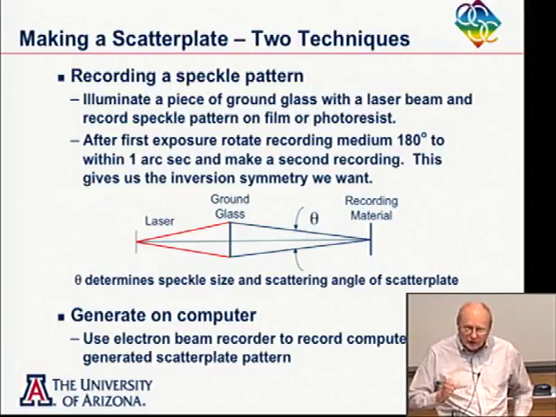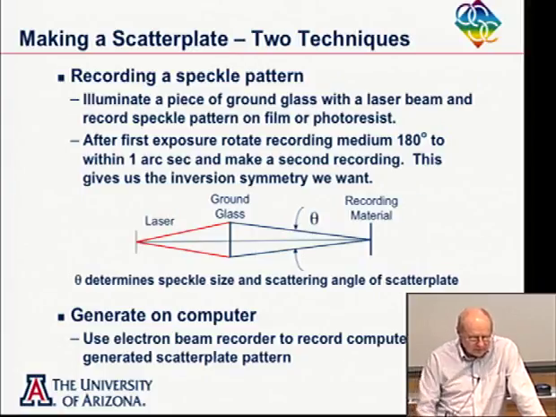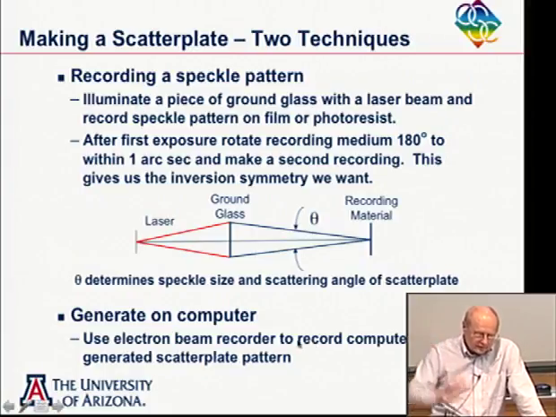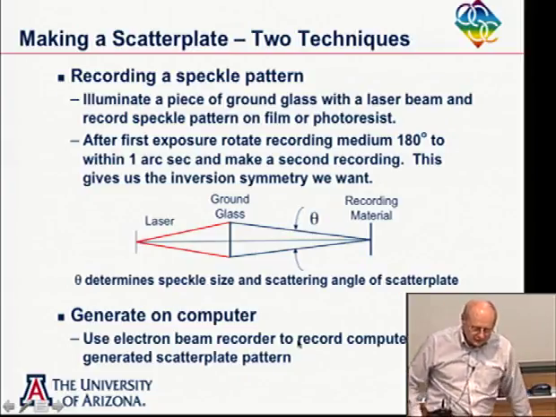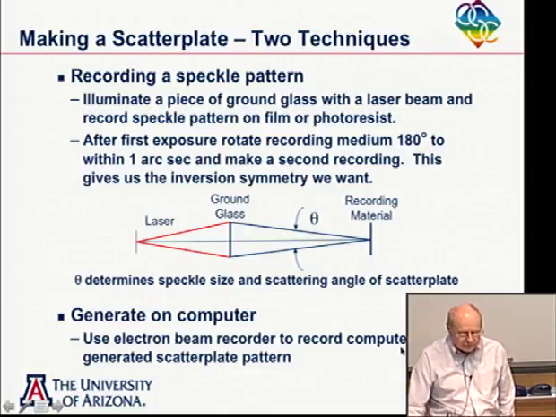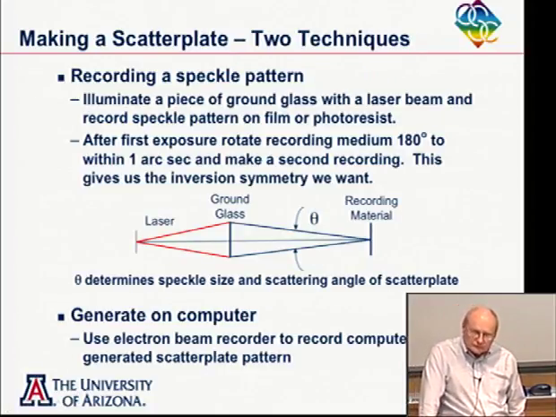So he could put in the size and stuff so he could get the scattering angle he wanted. Then he would record that data on magnetic tape and ship that off to a company in California that had an electron beam recorder. They would then use this E-beam recorder to record the computer-generated scatter plate pattern. So that worked out very well, too.